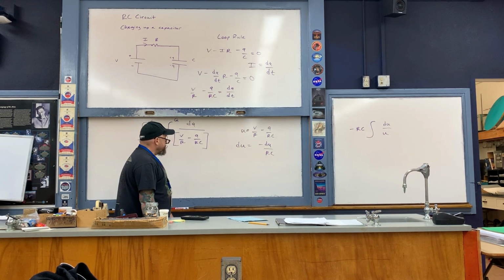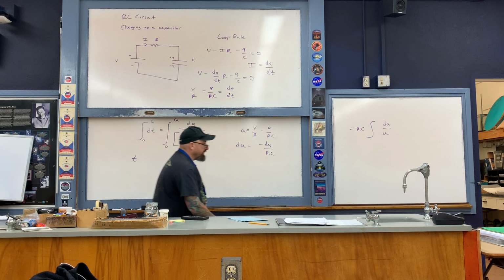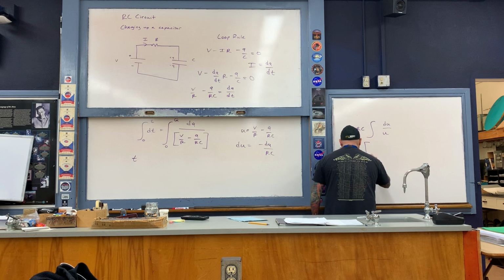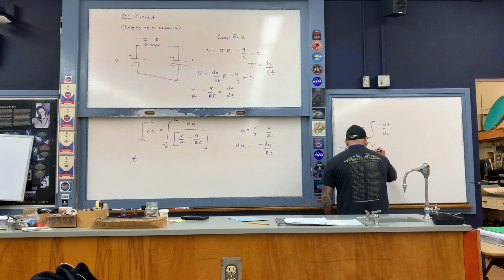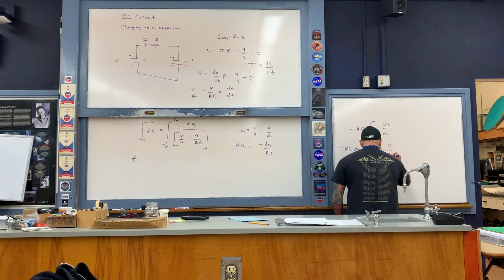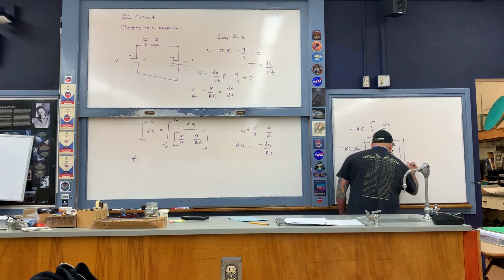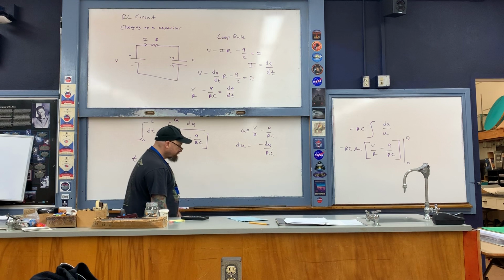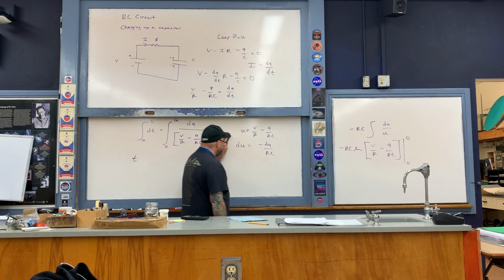Now when I integrate, we get a natural log, and I'll switch the variable back, like so. Here's my original variable, and then we evaluate this between 0 and charge Q. Once again, a little bit of erasing here.